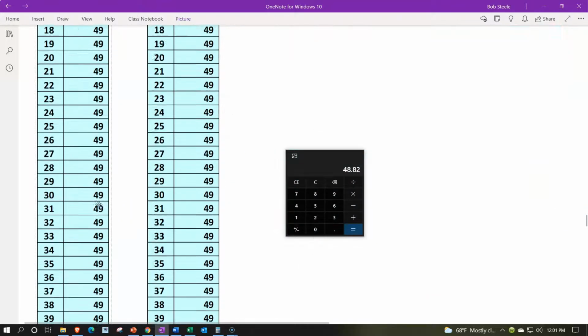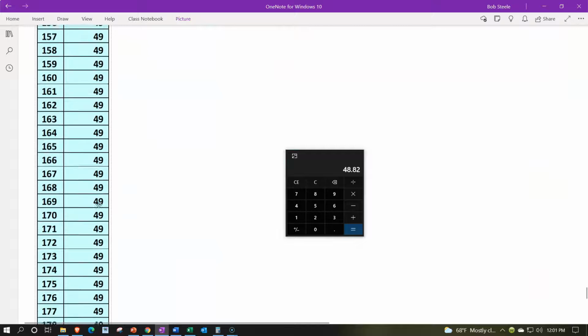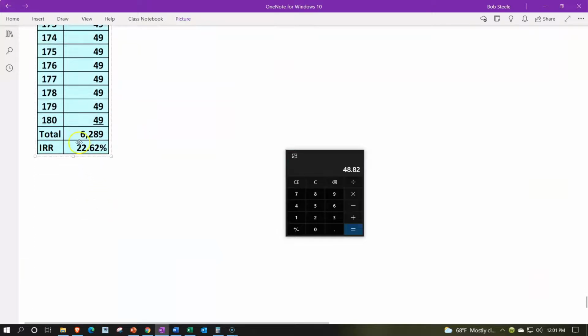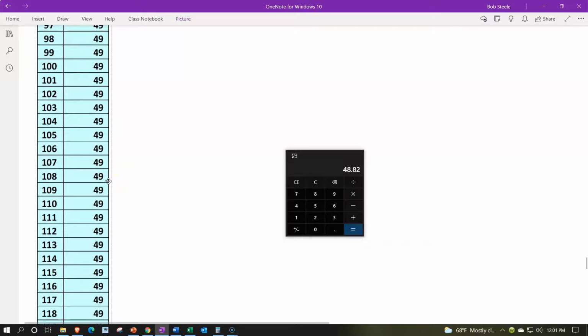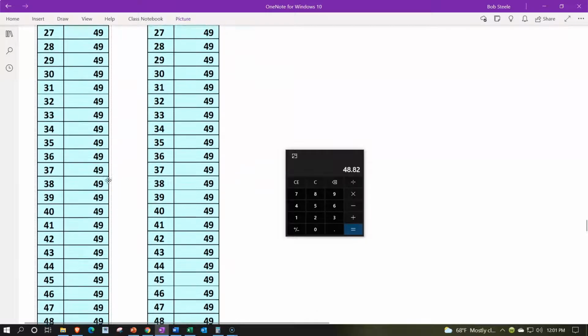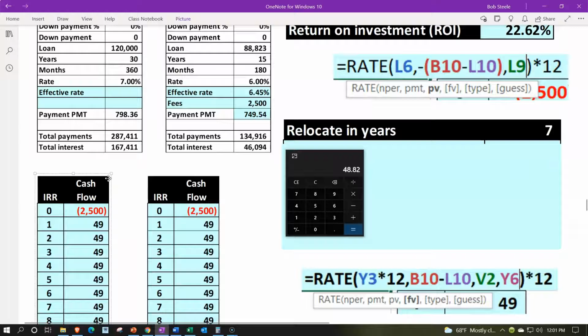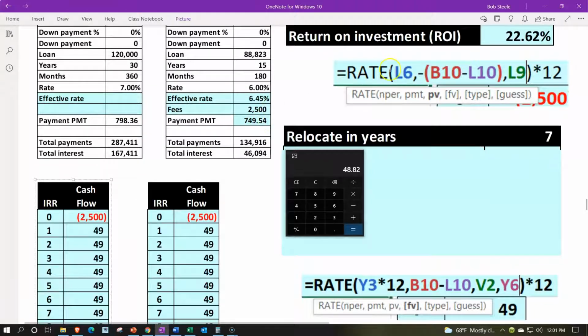And so then if we take that all the way down using our Excel function, we can get the total here. We could sum up the total cash flow, and we can calculate the IRR of those flows. The rate at which that series of cash flows would be 0 is the 22.62 once again. So sometimes representing this information as a cash flow would give you a better idea oftentimes.